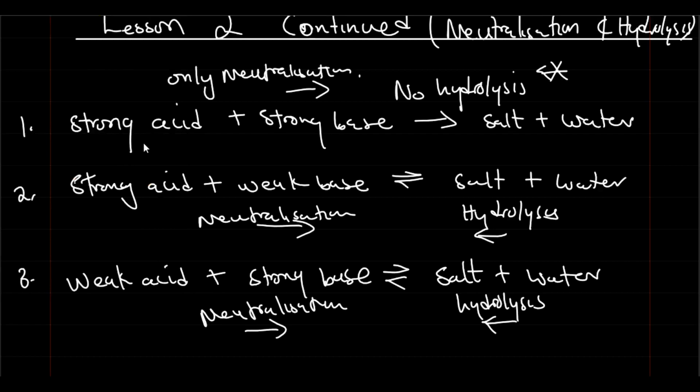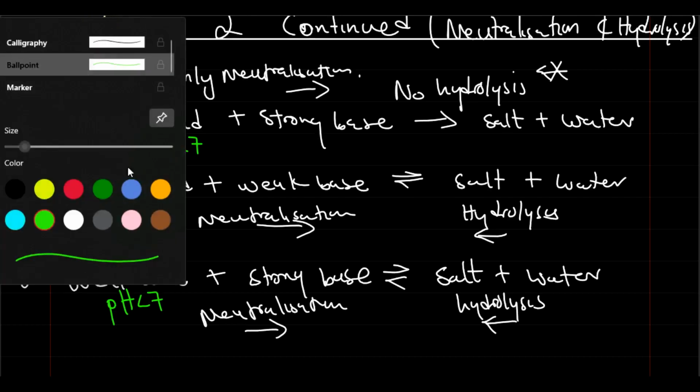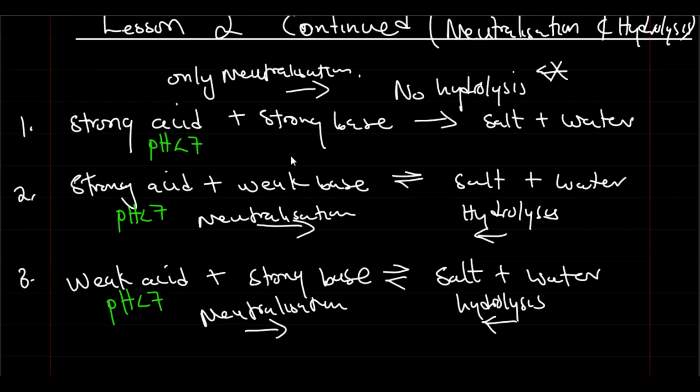So a strong acid has a pH of less than 7. Okay, all acids have pH of less than 7. Okay, weak acid also pH of less than 7. What about a base? A base has a pH of greater than 7. Okay, doesn't matter if it's weak or strong, but the pH is greater than 7 for a base.